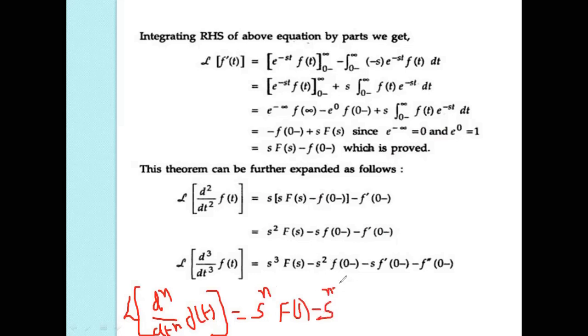The n minus 1 f of 0 minus, minus, and still it decreases, s square becomes s, so s power n minus 2 f dash of 0 minus, and so on. The last value is f double dash.